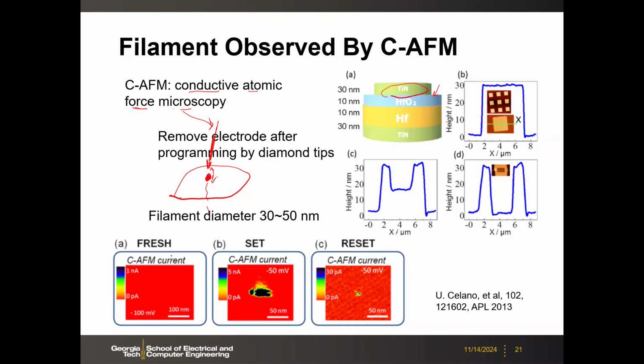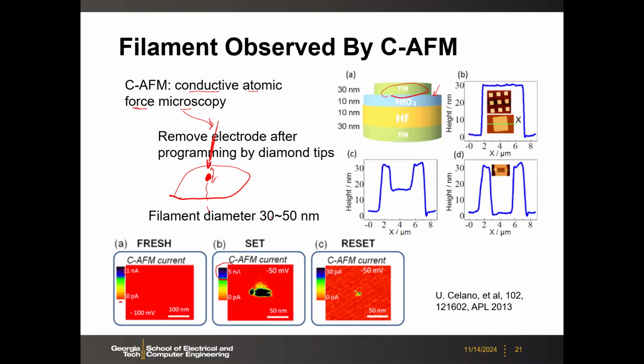So here you see that in the fresh sample, the color is a little bit weird. Let's say no current is red, and high current is blue. It's kind of counterintuitive. But anyway, in the fresh sample, no current across the entire sample. But after set, you see that locally in the middle, it has some high currents compared to the other region.